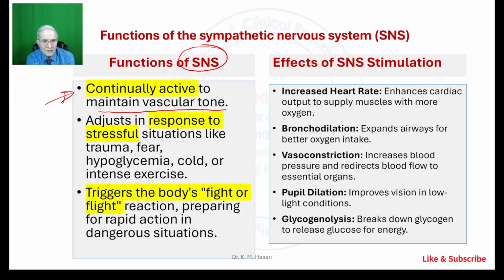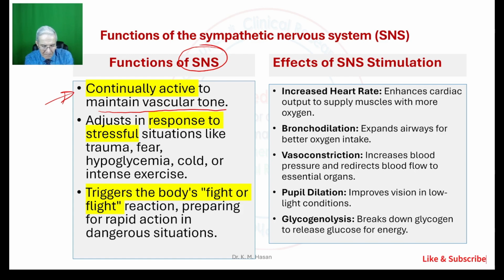For example, if you ask someone, do you have blood pressure? Yes, we have blood pressure, because the sympathetic nervous system is persistently active. So we have epinephrine working 24 hours in our body to maintain vascular tone, to give us the normal blood pressure 120/80, and the new guidelines now talk about 120/70, for example.